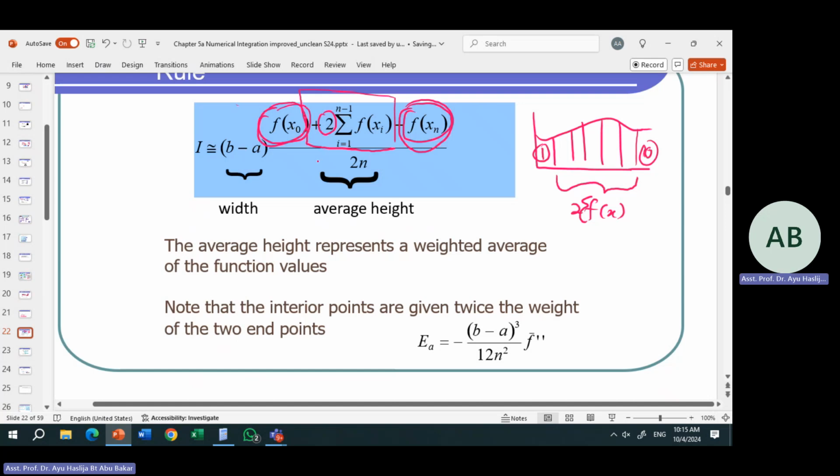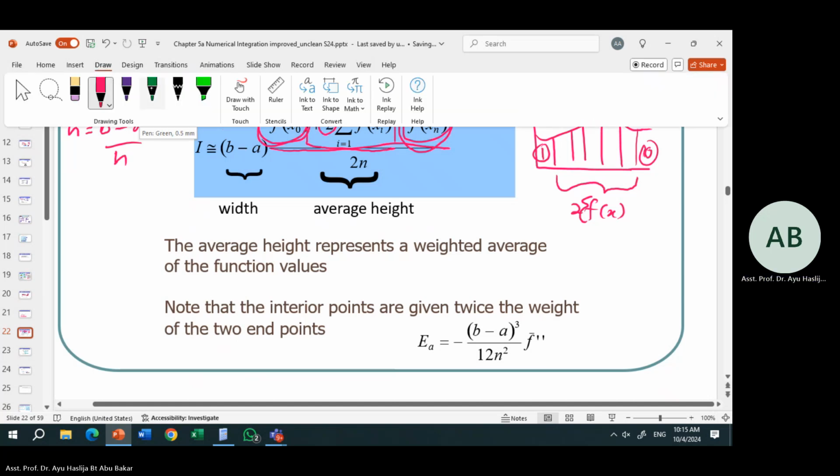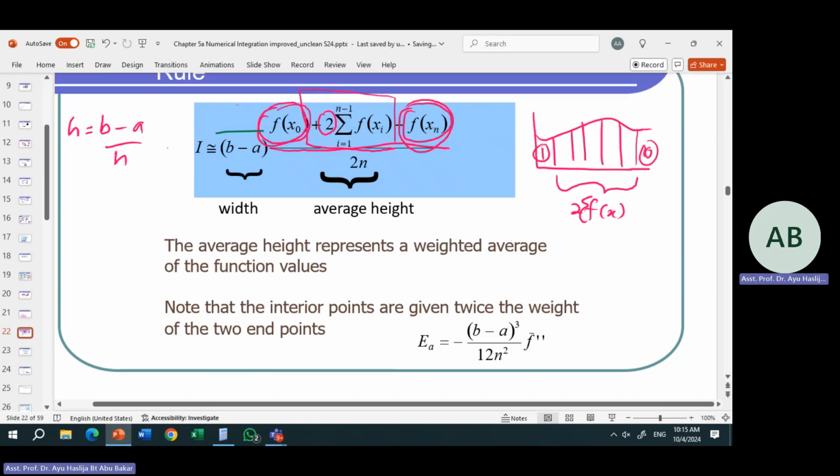Then this part is over 2 multiplied by n. We know that h is b minus a over n. This part, b minus a with the n, is equal to h.